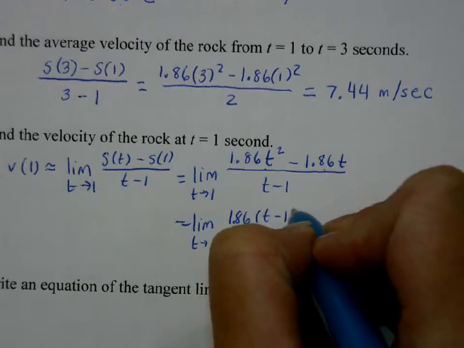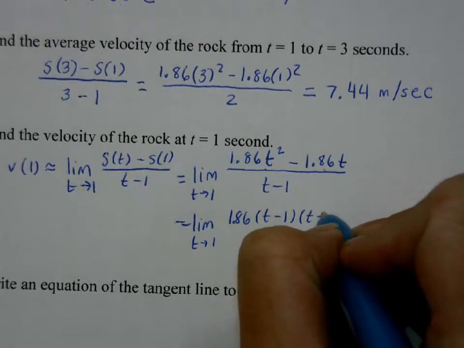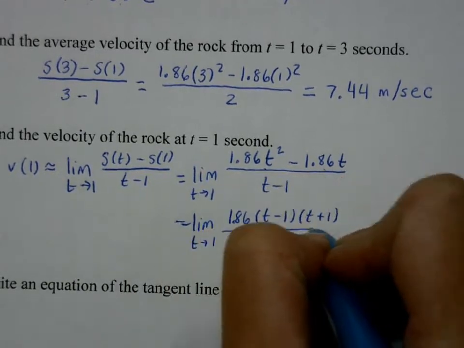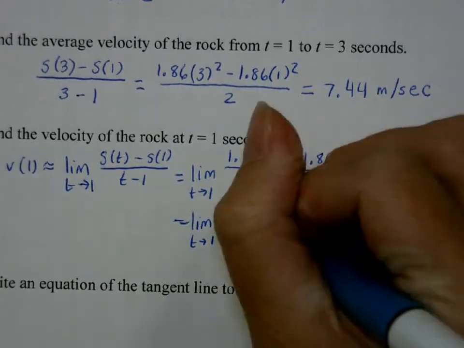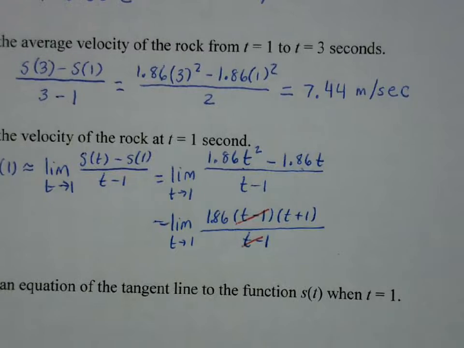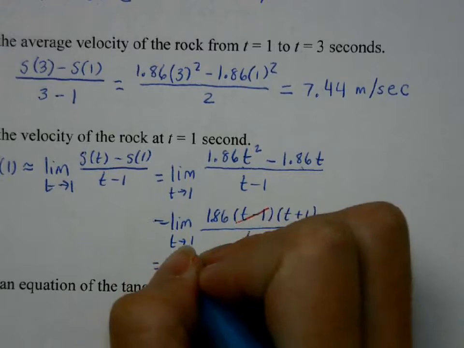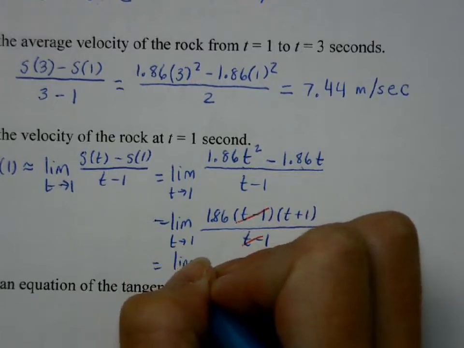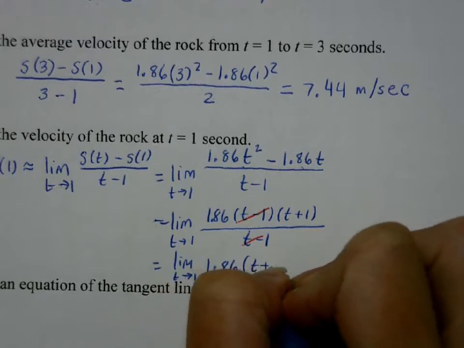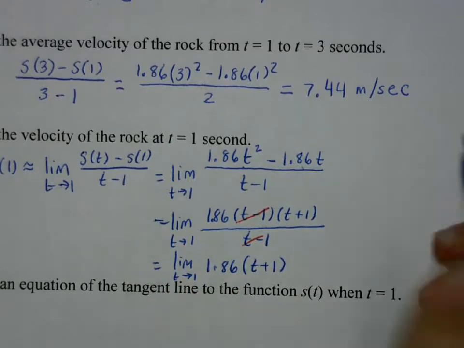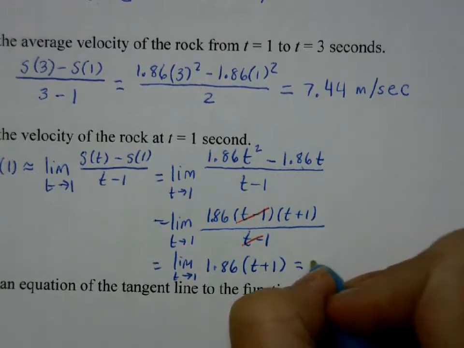The t minus 1s will go away. So we've got the limit as t goes to 1 of 1.86 times t plus 1. So when we plug in 1, we're going to get 3.72 meters per second. This is the instantaneous velocity at 1 second.